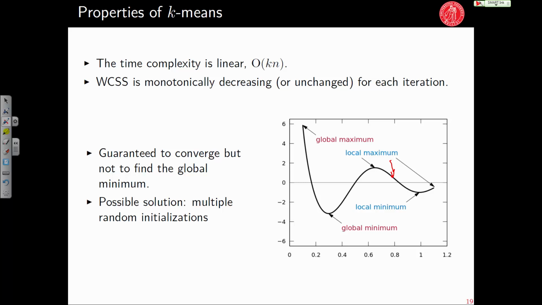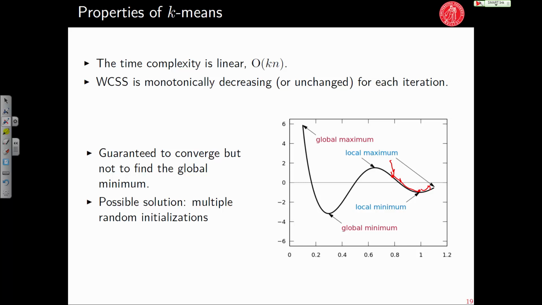We said that it's monotonically decreasing. So it's going to go in this direction only. It's not going to go up. It's not going to make the clustering worse. It's just going to make it better. So it continues until it reaches this point here, what we refer to as a local minimum, and it won't continue to the right because, of course, it starts to increase again.